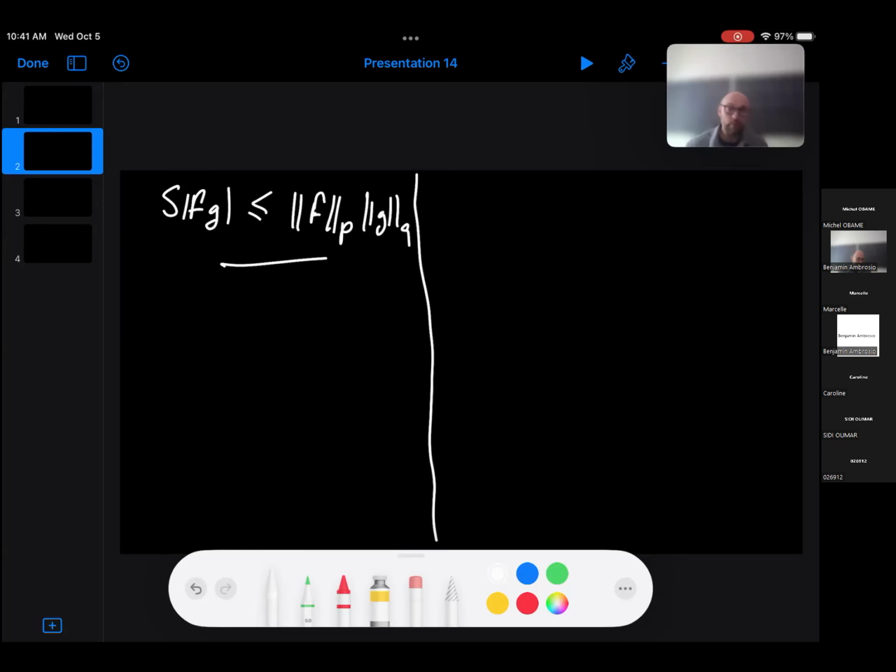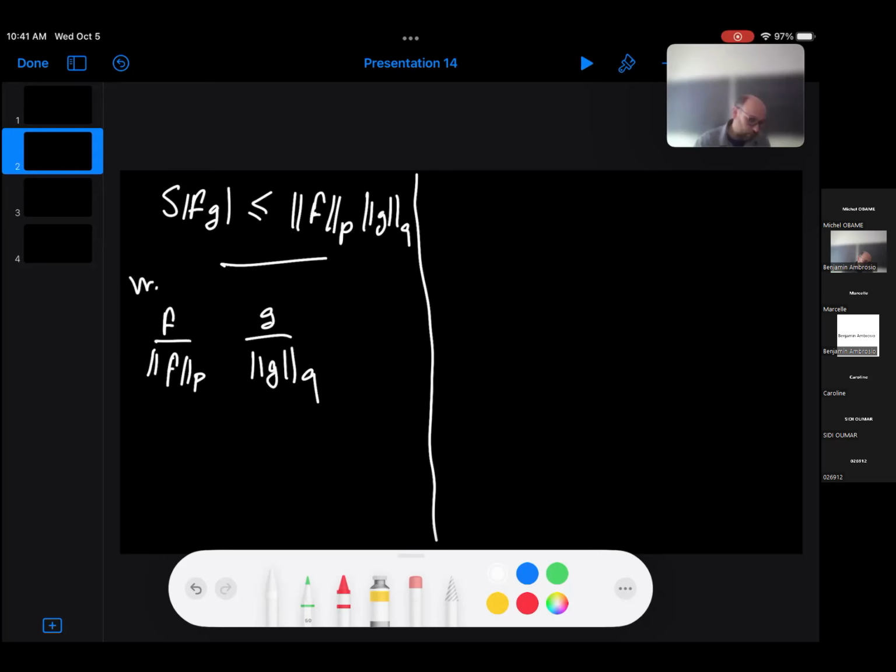To do that, we are going to apply the Young inequality from exercise 6, but not to f and g, but instead to f divided by the norm of f in LP and to g divided by the norm of g in LQ.